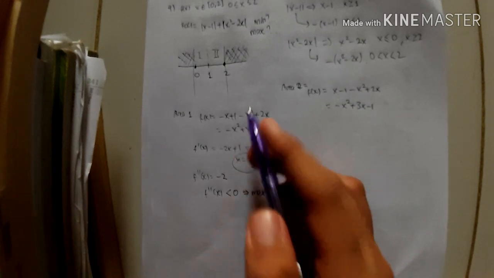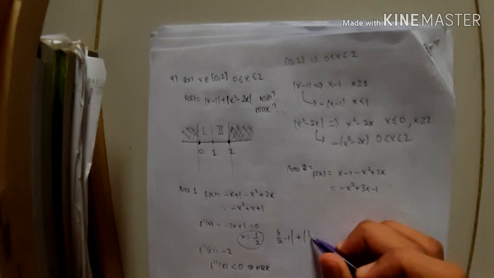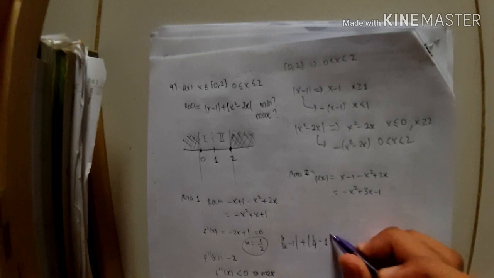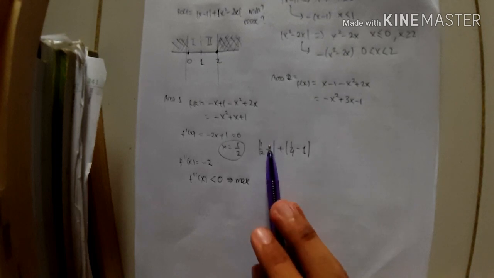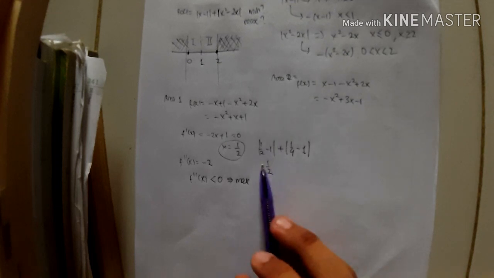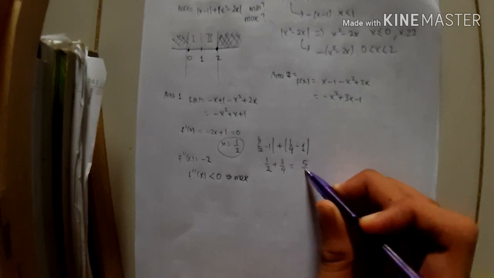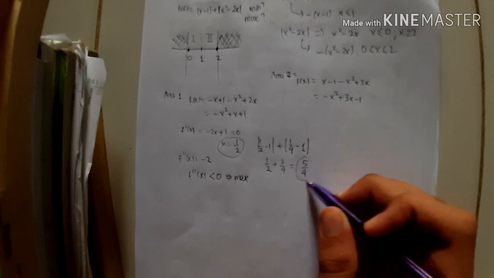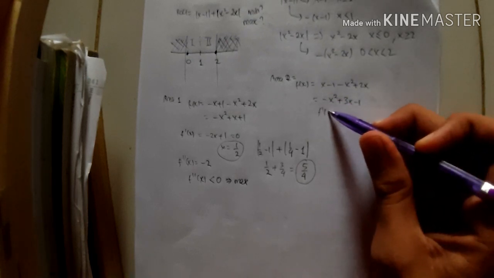So x is half. If we put it in the function again, half minus 1 plus 1/4 minus 1, so that is minus half. With the absolute function, if the content is negative and you put the absolute sign, it becomes positive. Plus 3/4 is 5/4. So this is the maximum value. Now what about this? We will just differentiate it again.